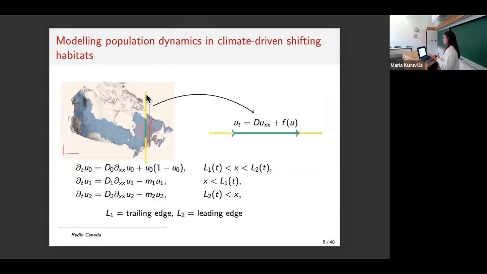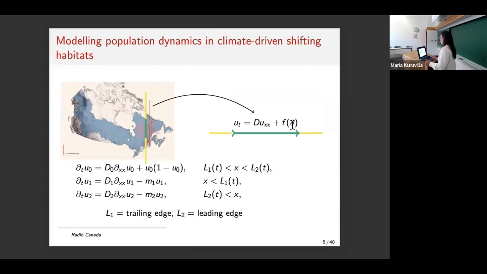So to start, we can formulate a mathematical model where we are going to first in 1D cut our space into suitable and unsuitable habitat. So we see that bounded suitable habitat, and the unsuitable habitat around it is yellow.